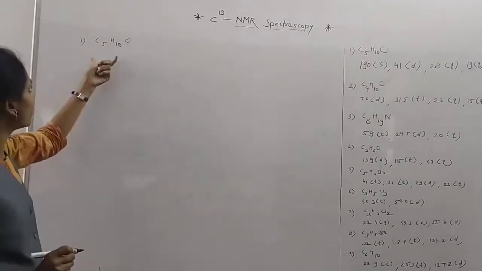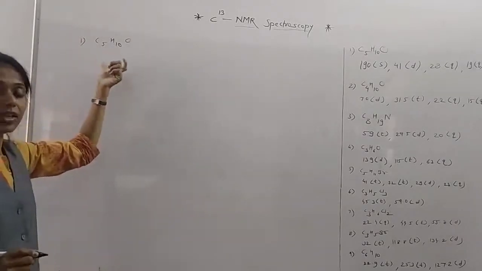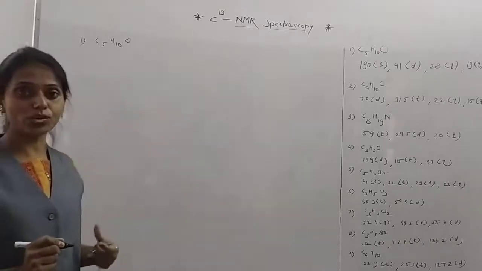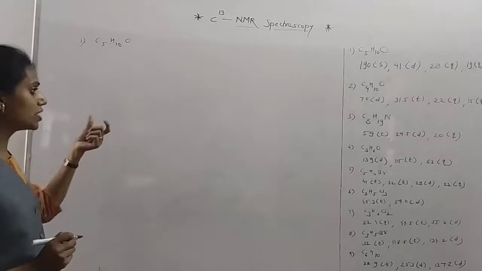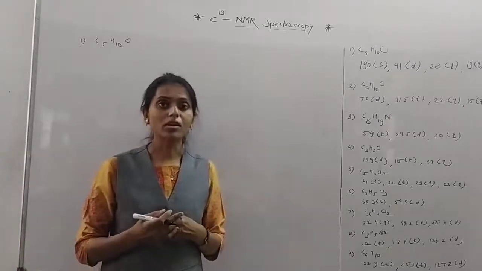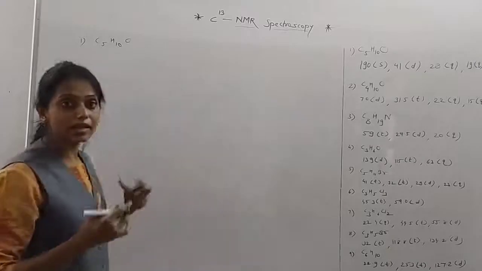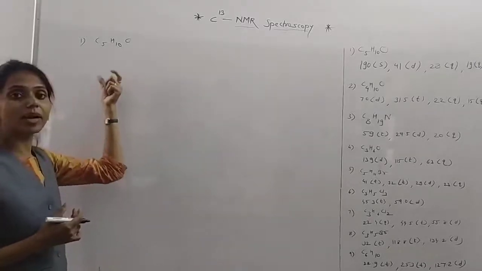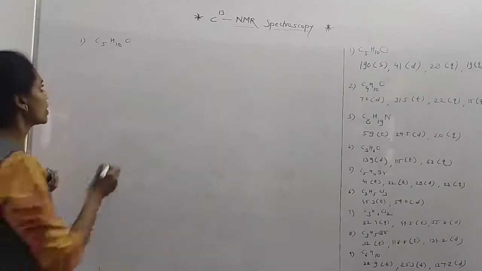When the molecular formula of a compound is given, first of all write down the number of unsaturation. What is meant by unsaturation? It tells us how many double bonds, triple bonds, or rings are present in the structure.